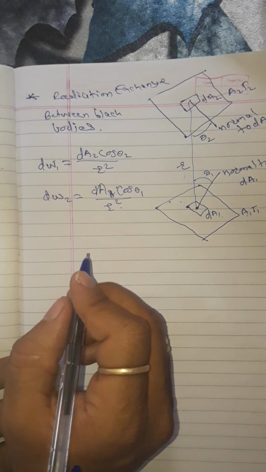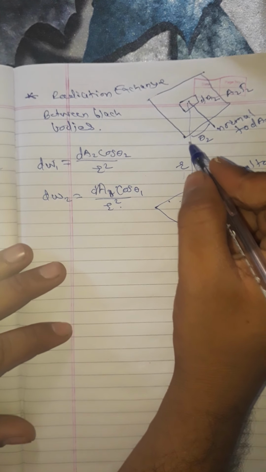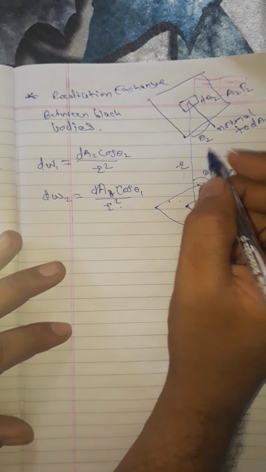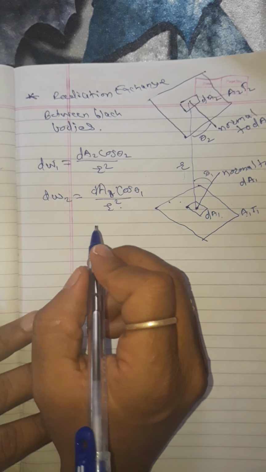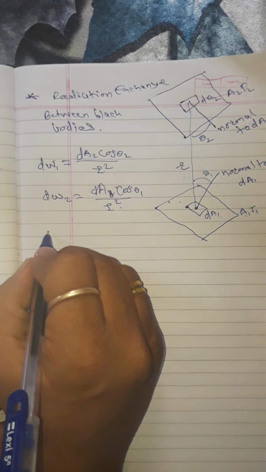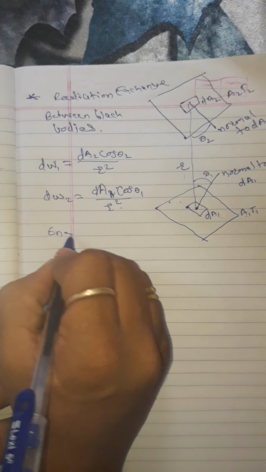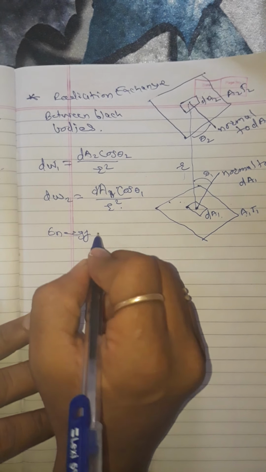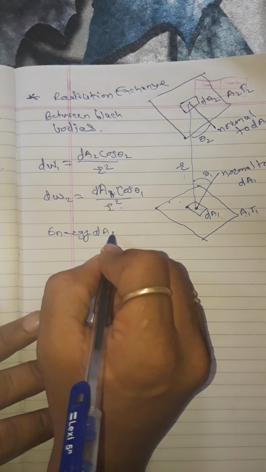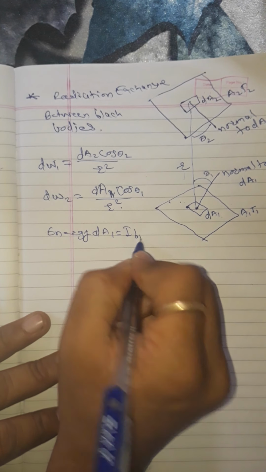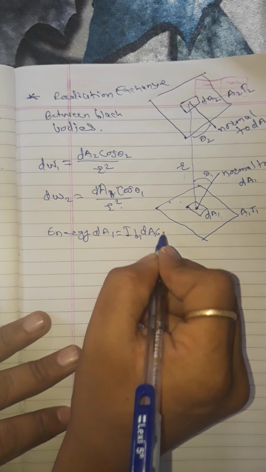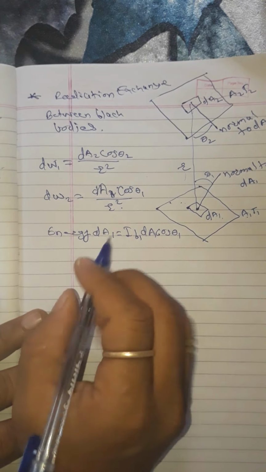The energy leaving dA1 in the direction given by the angle, per unit solid angle, is equal to the energy released by dA1, that is IB1 dA1 cos theta 1, right?